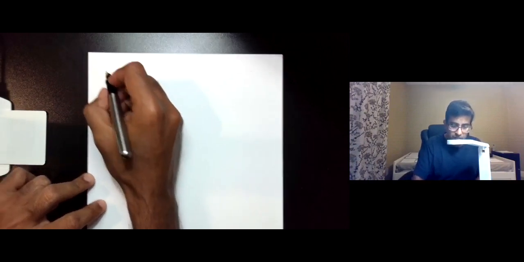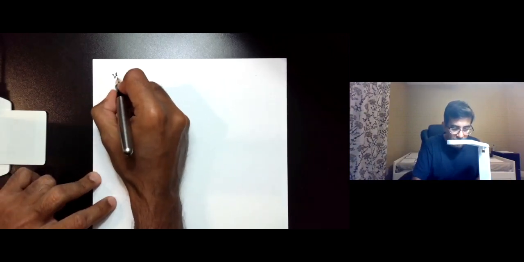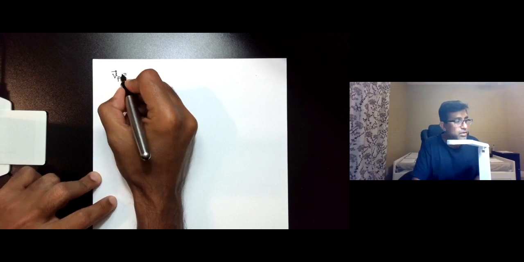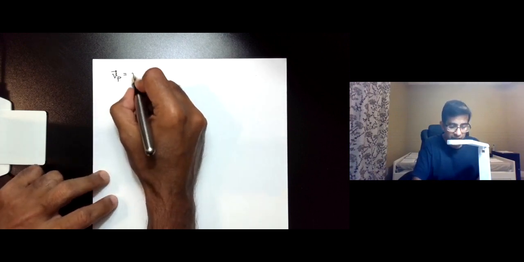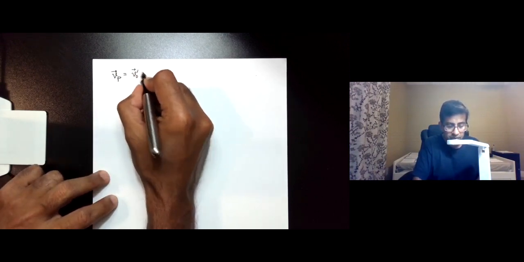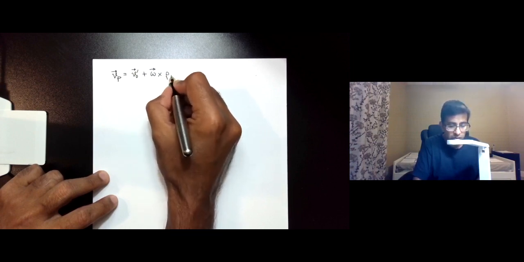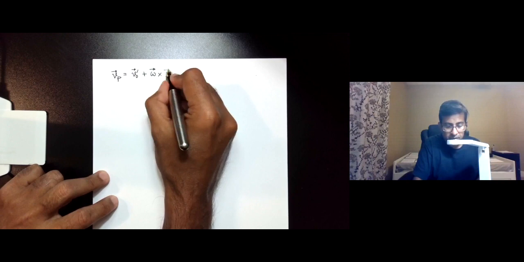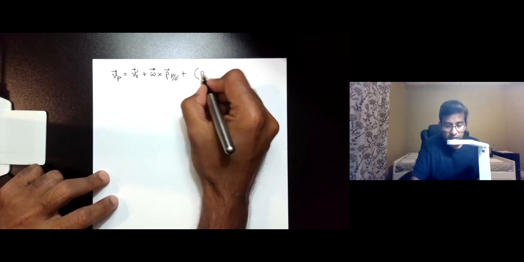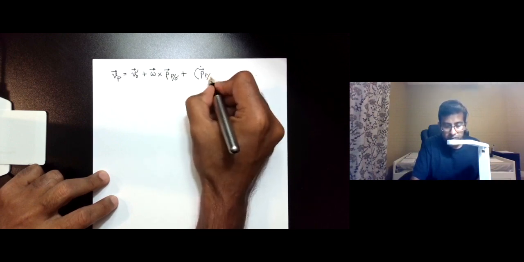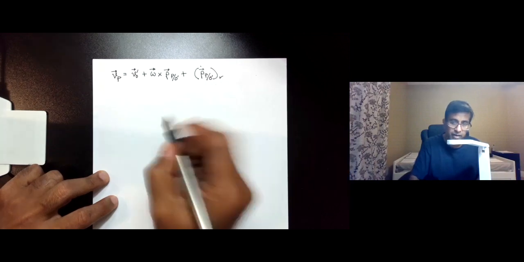So then velocity of p is equal to, let's first write the three vectors. Velocity of O prime plus omega cross rho p with respect to O prime plus rho dot p with respect to O prime in the rotating frame.